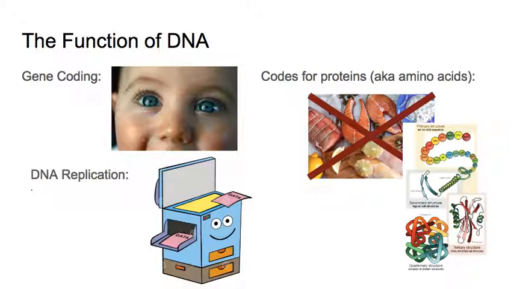Another function of DNA is that it codes for proteins, made of amino acids. And these are not the proteins that we eat, or the proteins that we're talking about necessarily in our muscle. However, it is making up those muscles. But proteins are used for many functions in our body. Making enzymes. We are very familiar with all the enzymes in our body at this point.